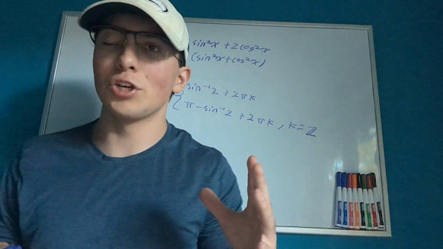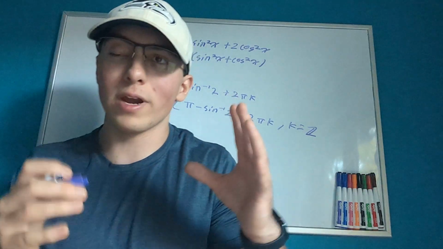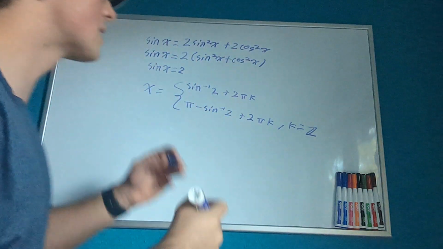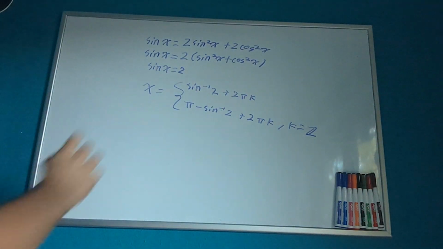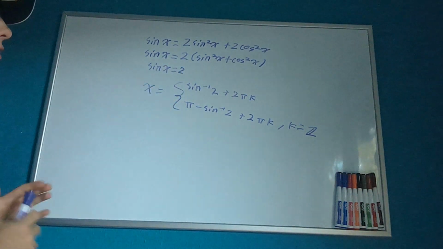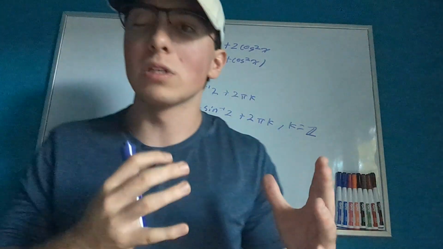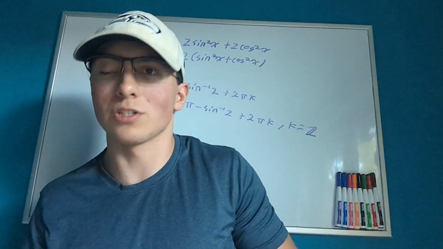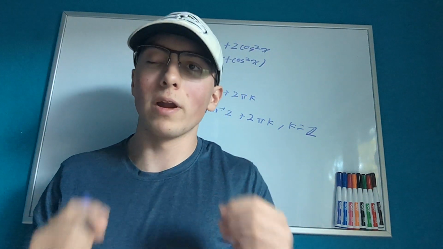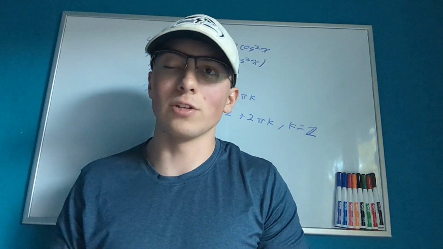Sine inverse of 2 doesn't exist. The range of sine is from -1 to 1. So there's no sine inverse of 2. Therefore, there's no x that we can put into sine that will give us 2. Therefore, this has no solution. This problem has no answer. That's stuff that you always need to be on the lookout for when you're solving trigonometric equations.